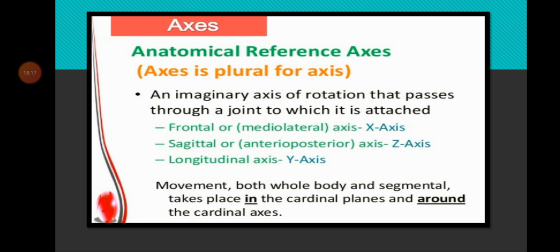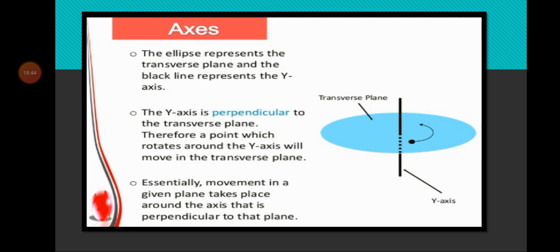Then there are three: frontal or x-axis or mediolateral axis, sagittal or anterior-posterior axis or z-axis, then longitudinal axis or y-axis. Movement, both whole body and segmental, takes place in cardinal planes and around the cardinal axes.